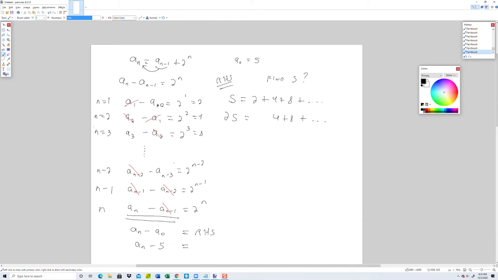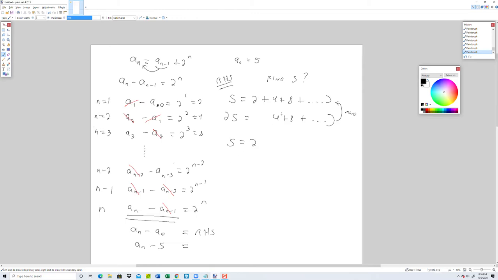What I did is I multiplied the 2 times the S, gives me 2S. 2 times 2 gives me 4, but I put it over here, I shifted it. 2 times 4 gives me 8, shifted it. 2 times 8 would give me 16, I put it over here. Now I'm going to take this and subtract this. 2S minus S is S. 4 minus 4 drops away. 8 minus 8 drops away. That keeps dropping away, and this gives us 2.